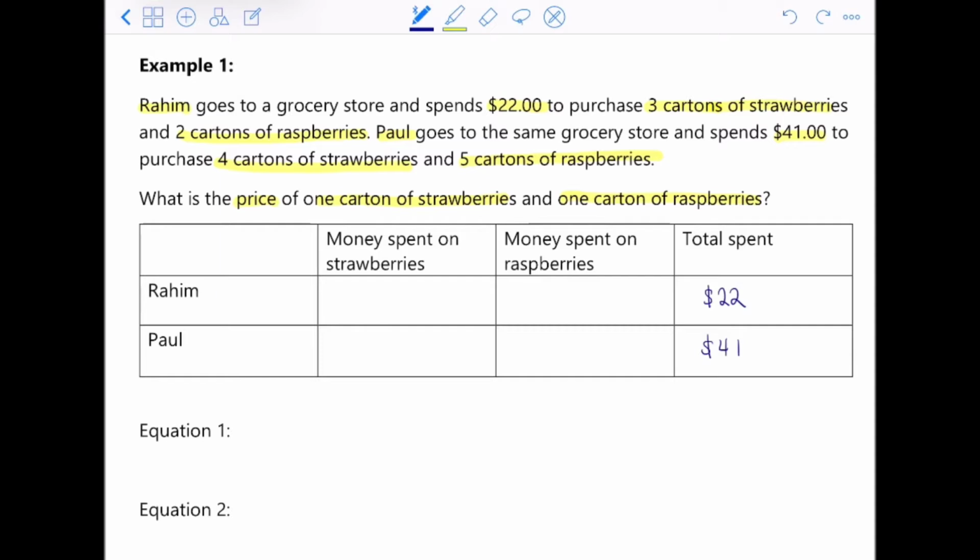So let's take a look. Let's state that S stands for the price of 1 carton of strawberries, and R for the same thing for raspberries.